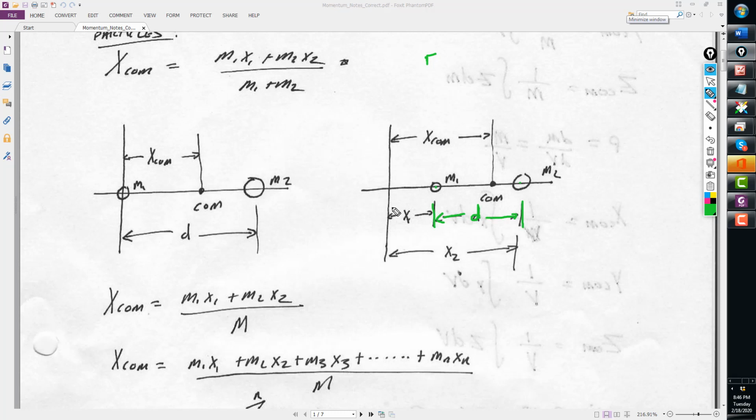Also notice that we use x1 for the distance from the origin to mass 1 and x2 from the origin to mass 2. X center of mass, x COM, is the position of the center of mass. We use lowercase m's with subscripts, lowercase x's here, and we use the capital letter M to denote that we're talking about the total mass.